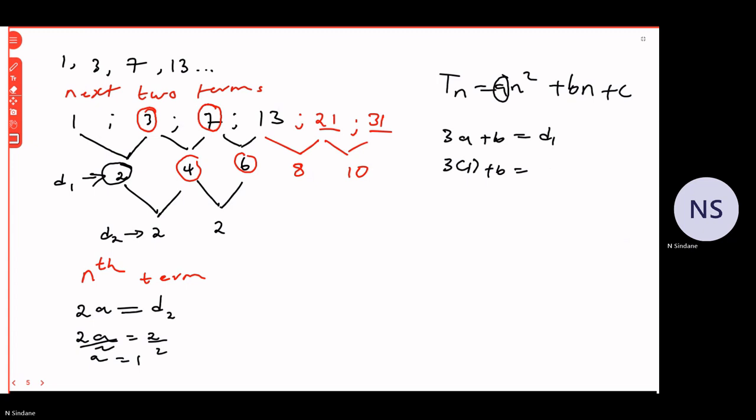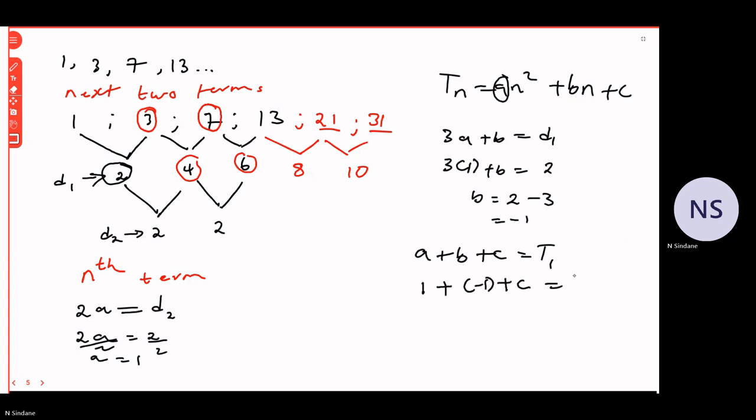Therefore, B is equal to negative 1. And lastly, we need to calculate C: A plus B plus C is equal to T1, your first term. A is 1, plus negative 1, plus C is equal to 1. Therefore, C is equal to 1.